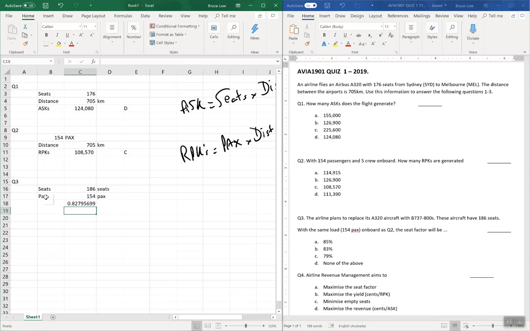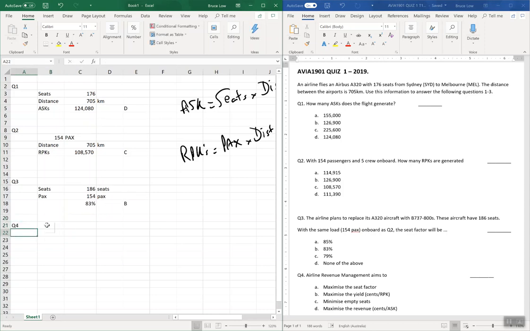So we get 83%, which gives us answer B for that one. Now, if you wanted to calculate load factor, you'd look at RPKs divided by ASKs. In this case, because it's only one flight we're talking about, your load factor will be the same as your seat factor. So, if you multiply both by the distance, then you're going to get the same answer.